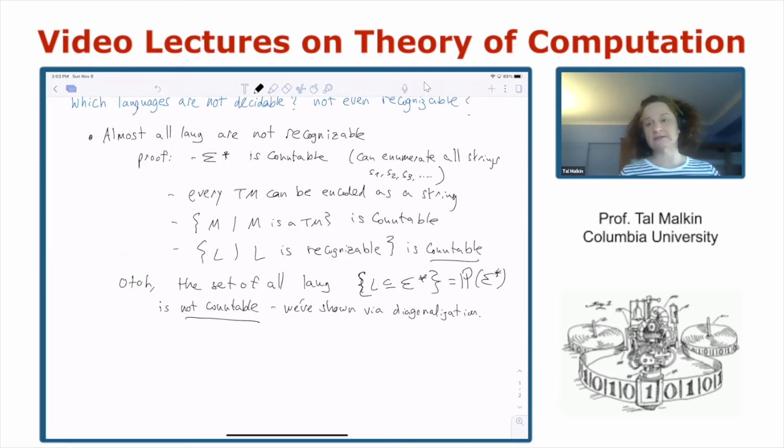Another thing you've seen is a specific example, or a couple of specific examples, of languages that are not decidable.